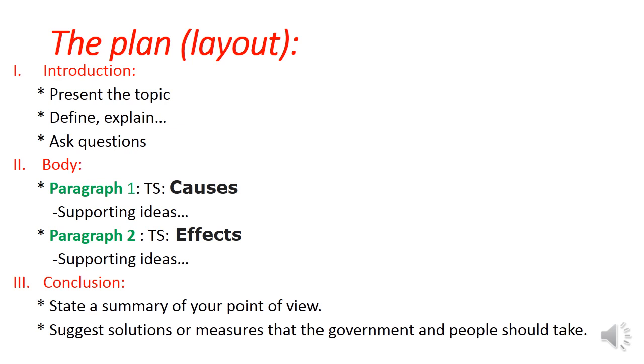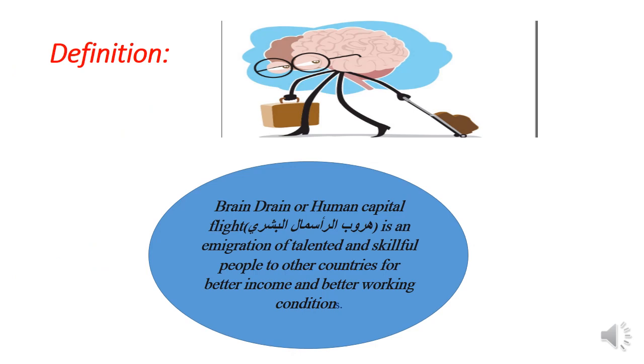So let's move to the most important step, which is called brainstorming. Brainstorming is the process in which we try to generate and write as many ideas as possible for our essay. First, we're going to have a recap on what we mean by brain drain.